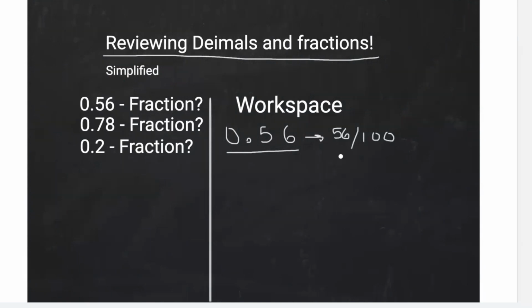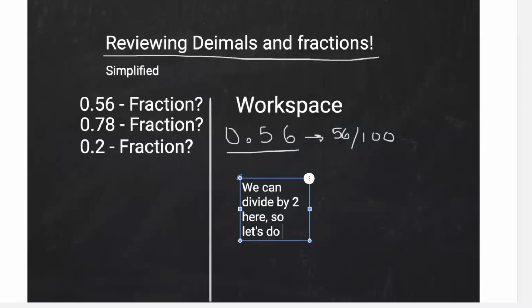Okay, so I've written that down now, and now we need to simplify it. We can divide by 2 here, correct? So let's do that. We're going to be dividing by 2.